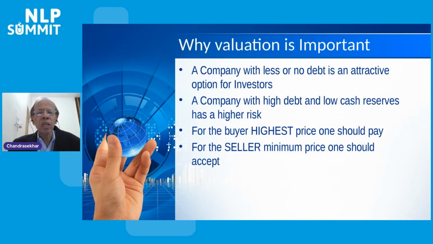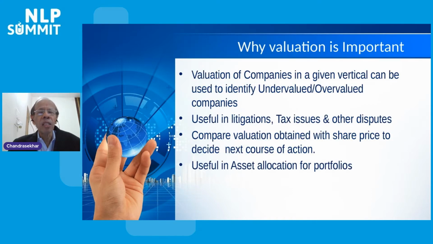A company with high debt and low cash reserve has a higher risk. At the same time, valuation gives the highest value which a buyer can expect, and for the seller, the minimum price one can accept.